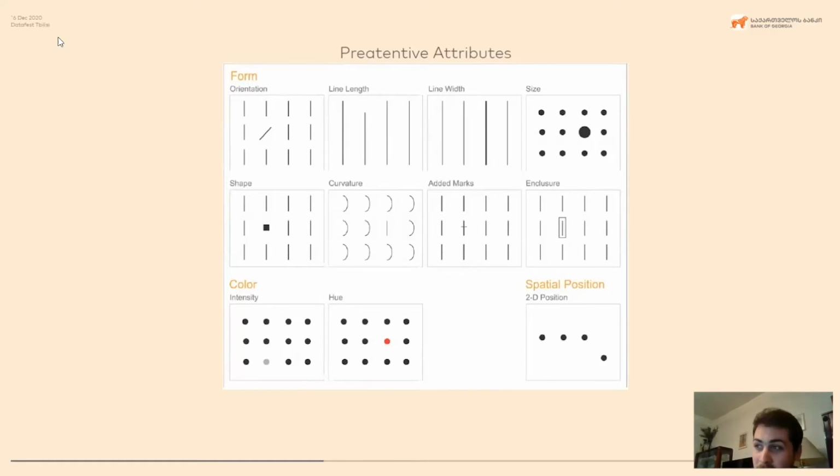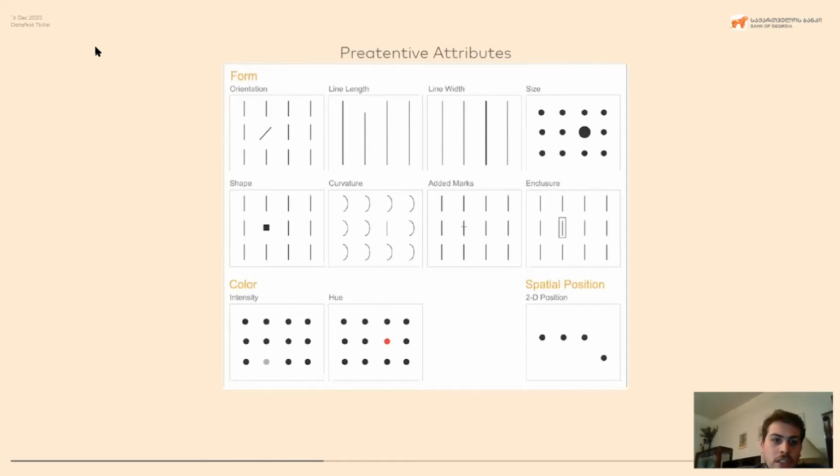As far as I'm concerned, different attributes are used in different situations. It depends on the task and it depends on the data type, because some of them you cannot use, for example, on categorical data or on numeric ordered data, ordered categorical data. I mean, it depends on the data type and which information you want to encode.